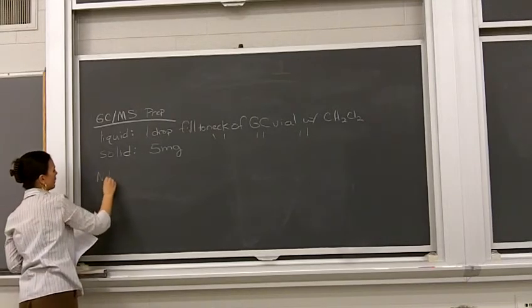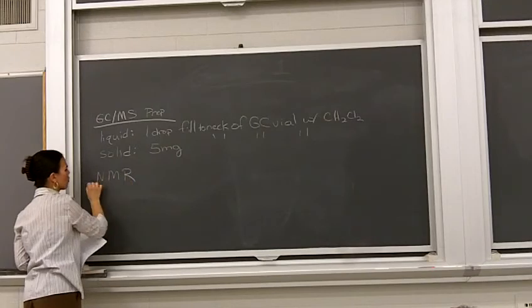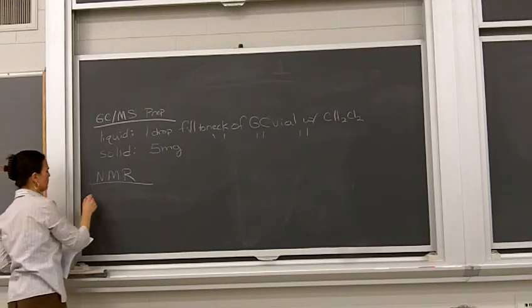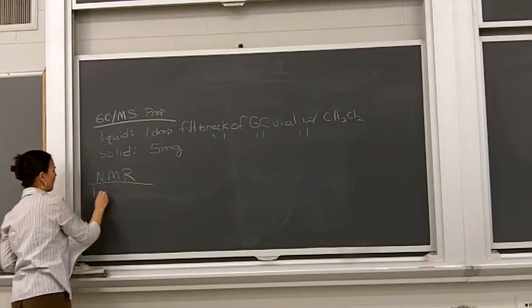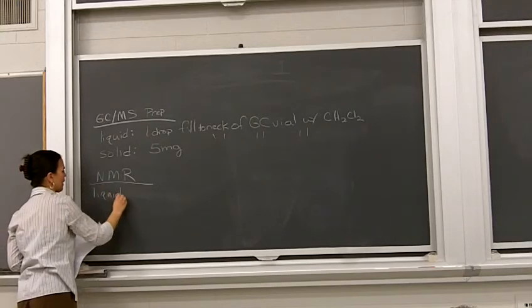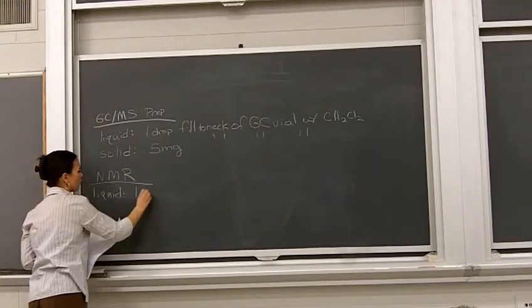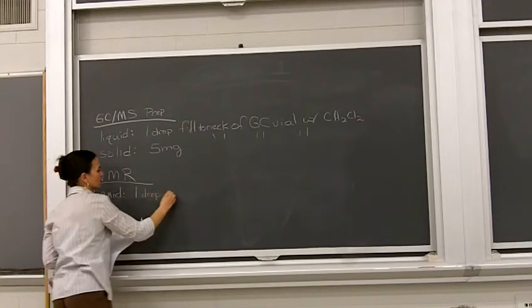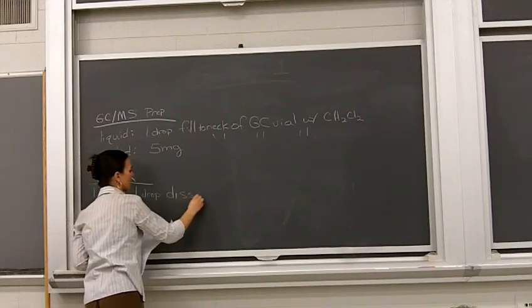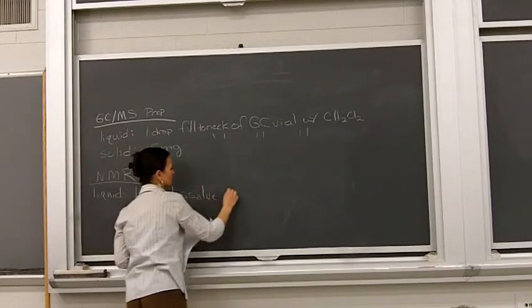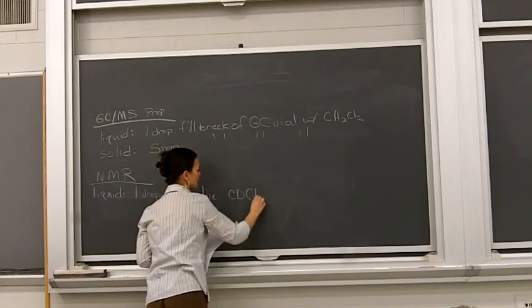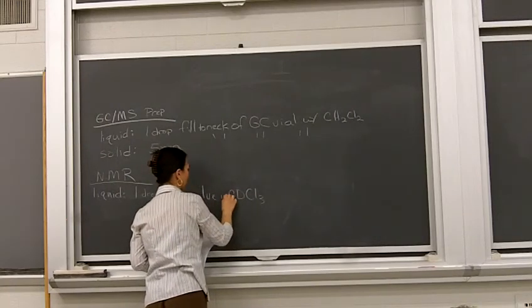For NMR, and this will make more sense when we show this to you tomorrow, the sample prep is if you have a liquid, you'll take 1 drop and dissolve it in our NMR solvent, which is CDCl3, okay?